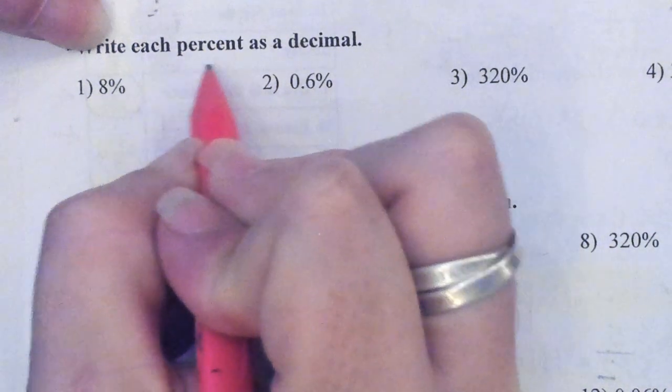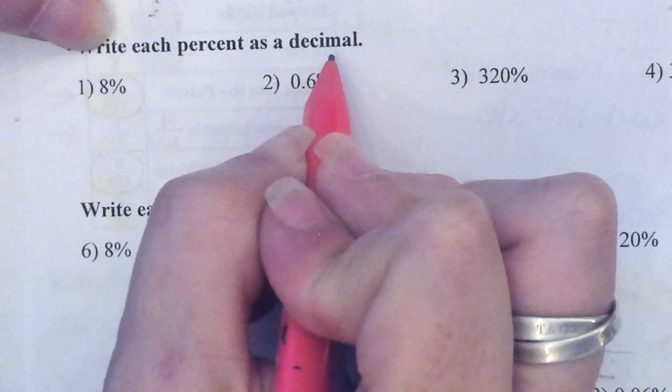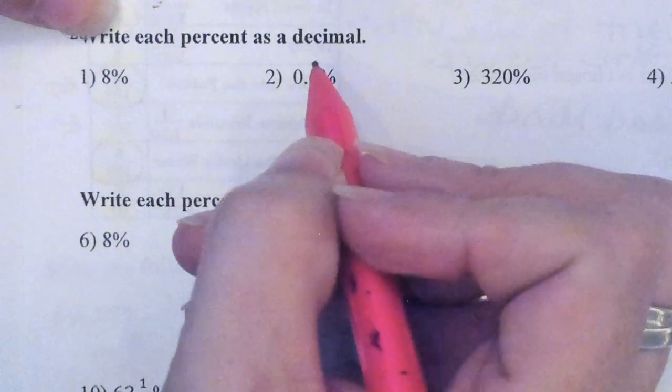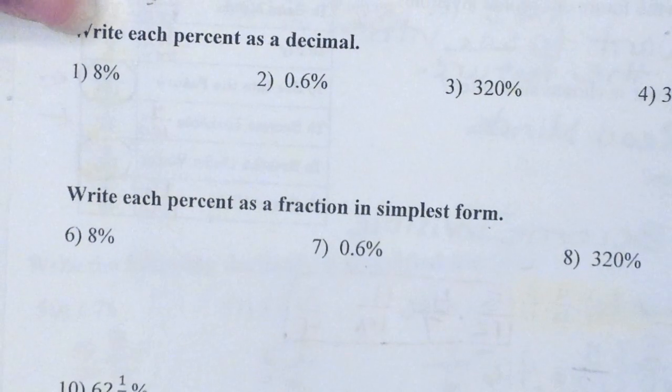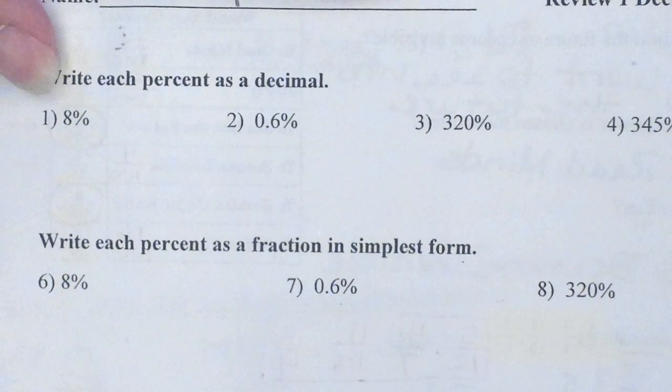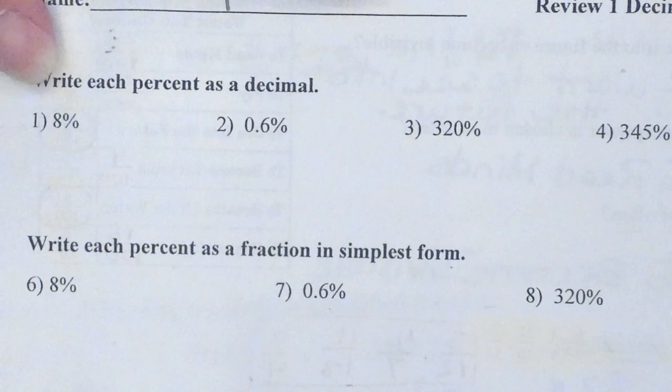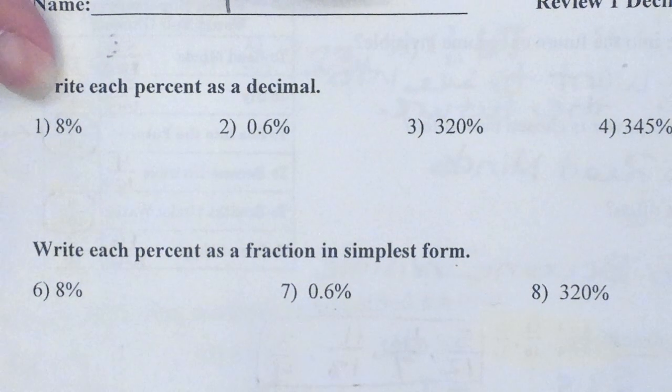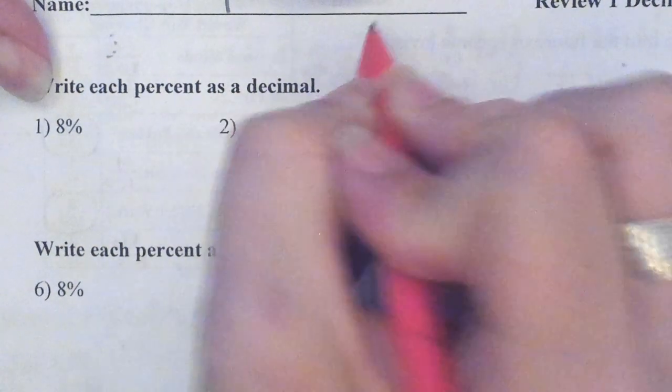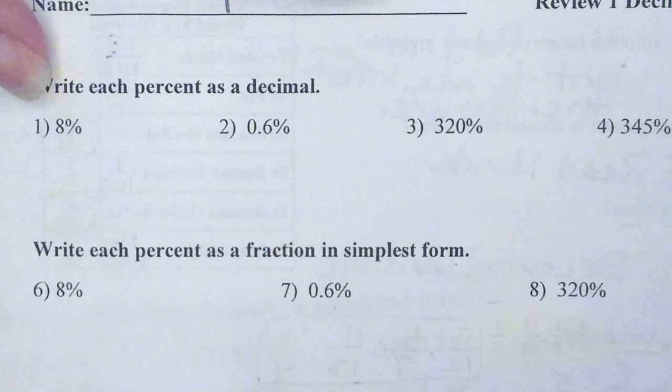Starting out, it says, write each percent as a decimal. Okay, listen, here is a new trick. If you get confused going between decimal and percent, please watch. This is actually pretty awesome, and I've just never thought of it that way. ABC order, ABCD.